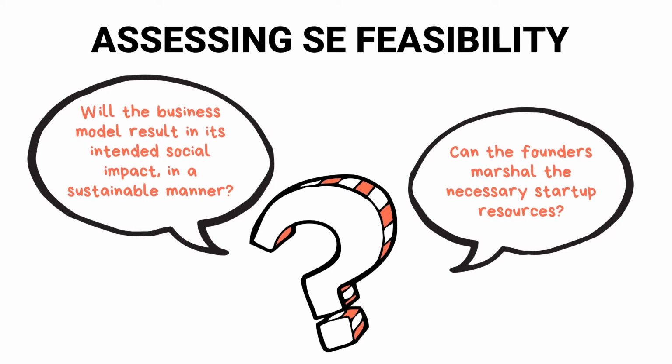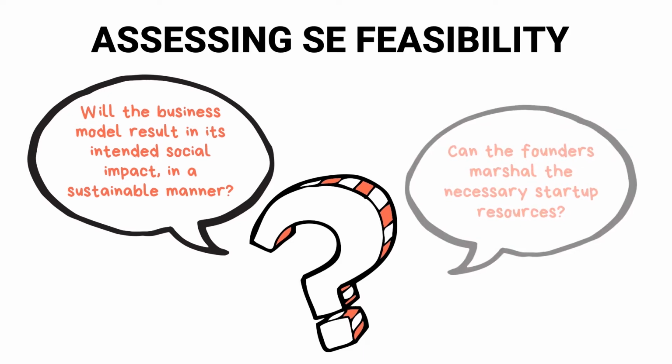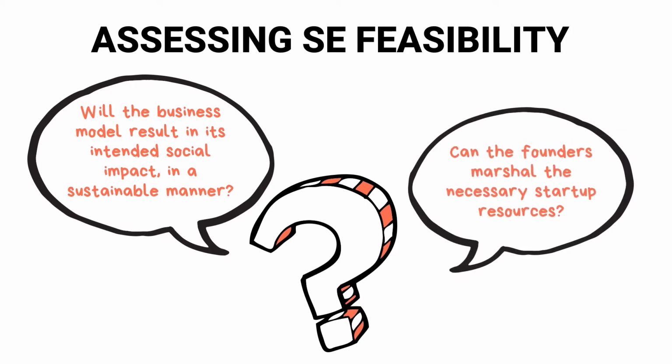And, because social enterprises tend to start up using other people's money, such as funding from philanthropy or impact investment, there is also a question about the feasibility of the founders of the social enterprise being able to marshal the resources needed to establish it.